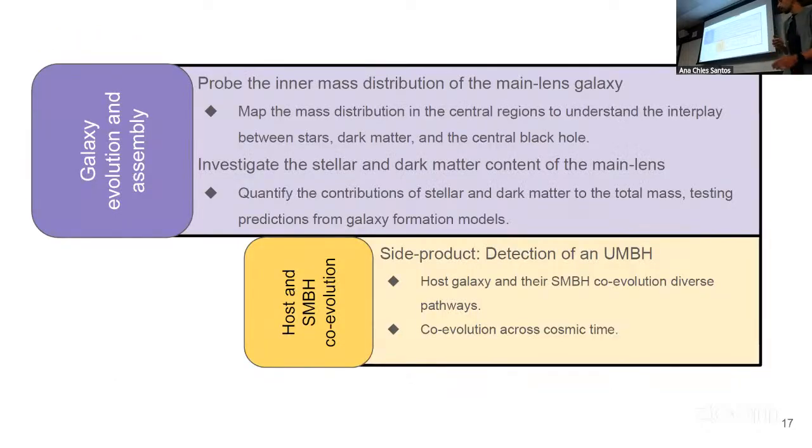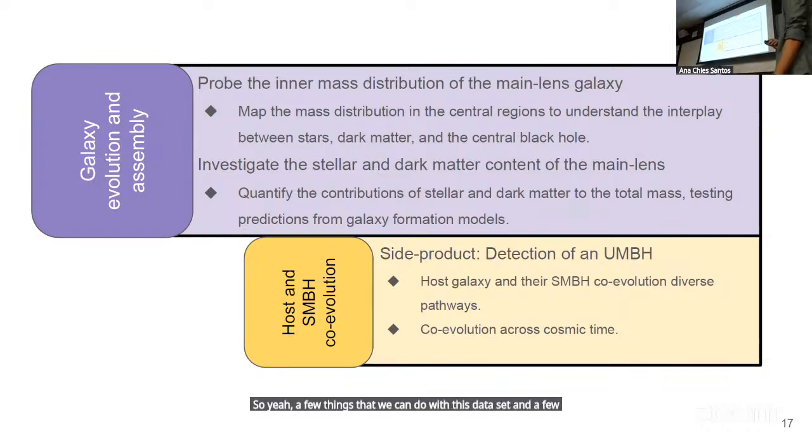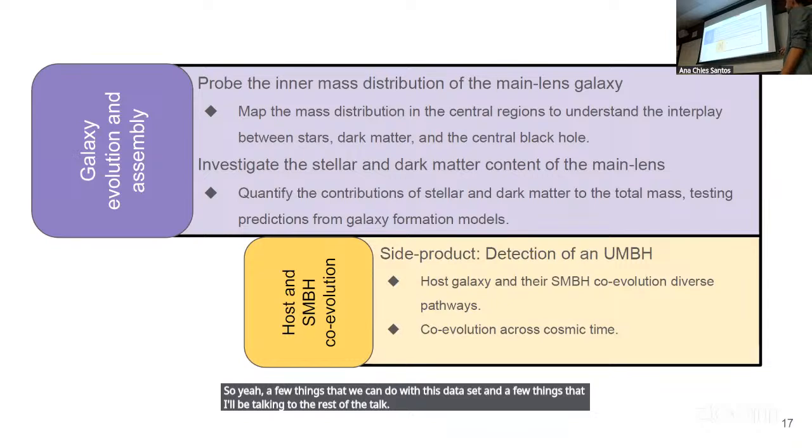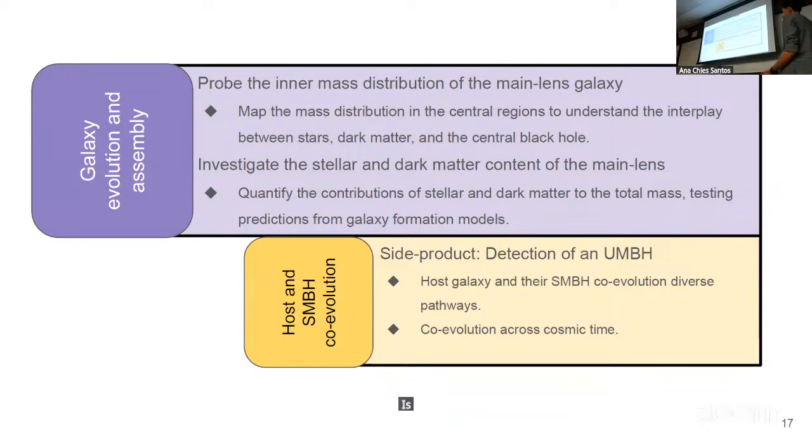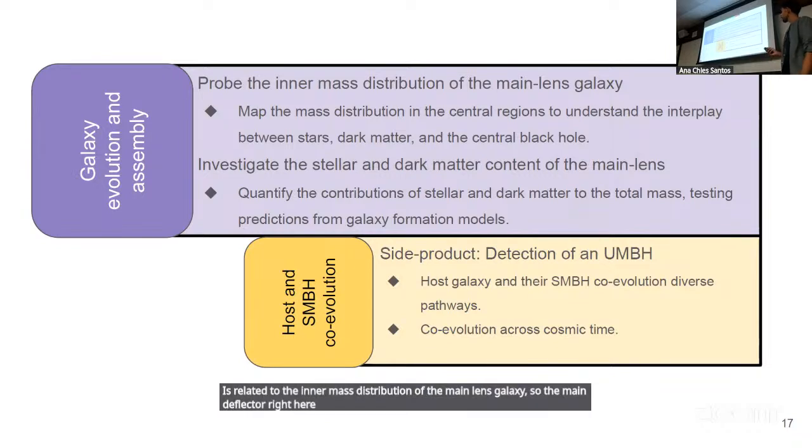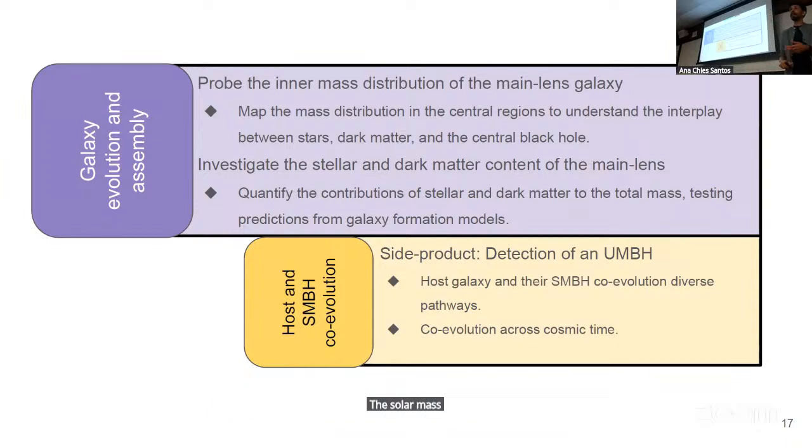So yeah, a few things that we can do with this data set, and a few things that I'll be talking about in the rest of the talk, are related to the inner mass distribution of the main lens galaxy, so the main deflector right here. And it's important because we can map at two different radii the stellar mass, the dark matter mass, and the interplay between these two components.